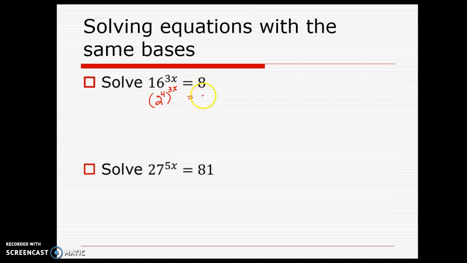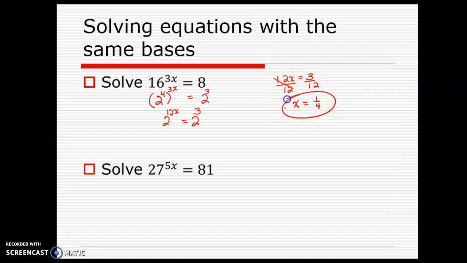We know that 8 is 2 cubed, because we just did it. So 2 to the 12x equals 2 cubed. So if you want to solve for x, then 12x equals 3. Divide by 12. And x equals 1/4.